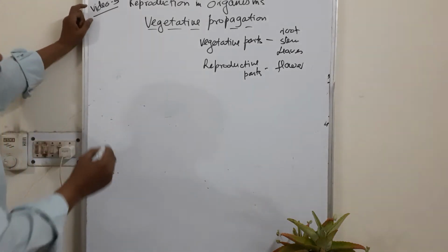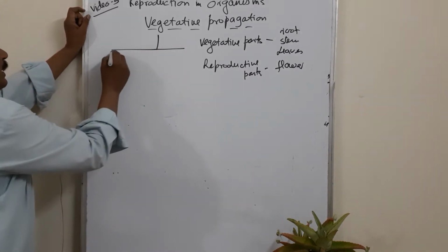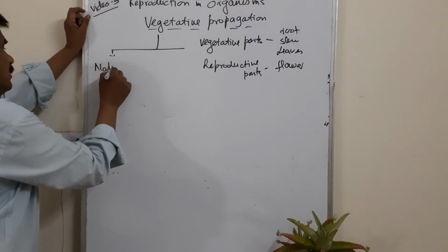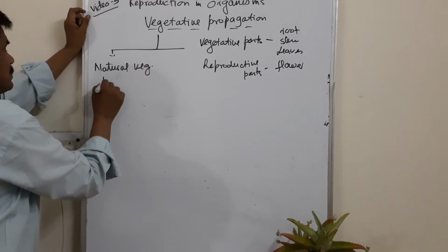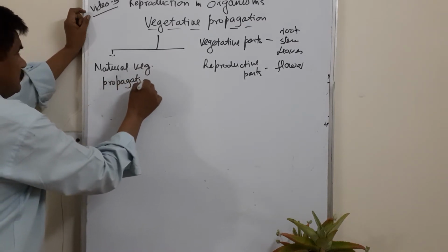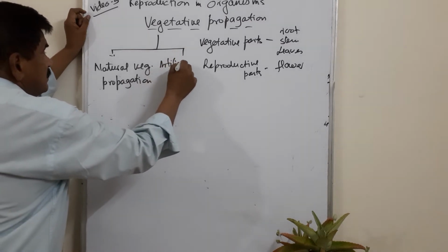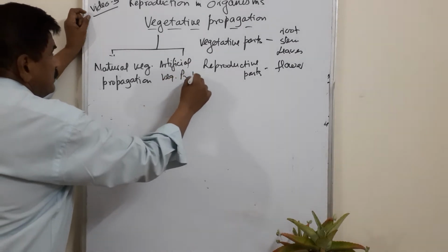Now, vegetative propagation may be of two types. One is the natural vegetative propagation. The other is the artificial vegetative propagation.